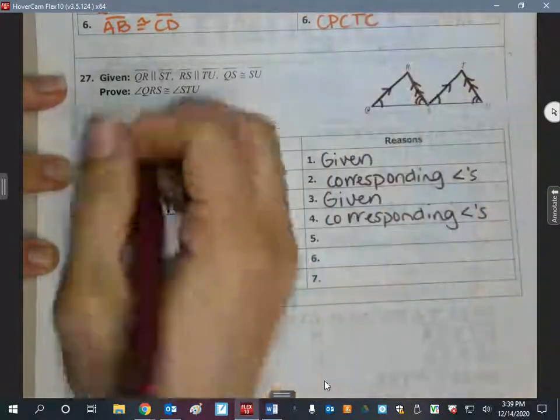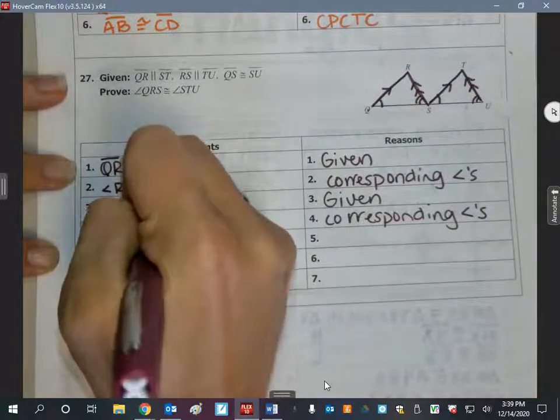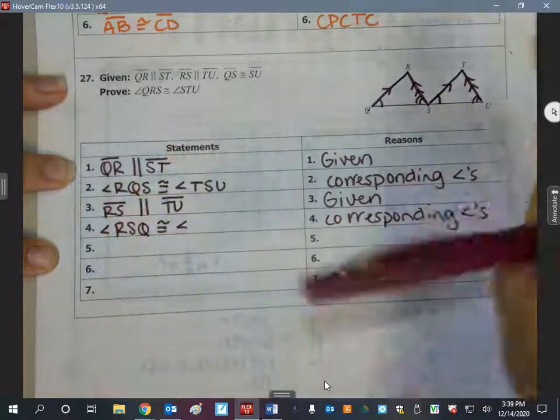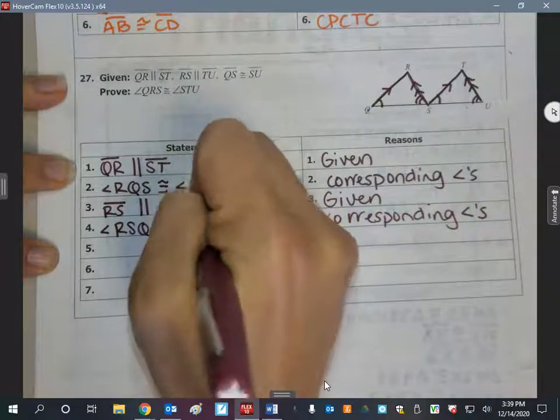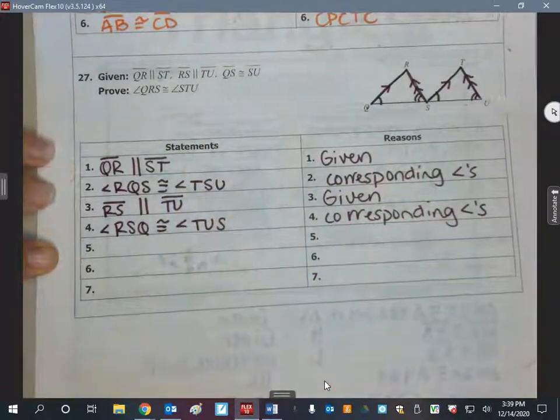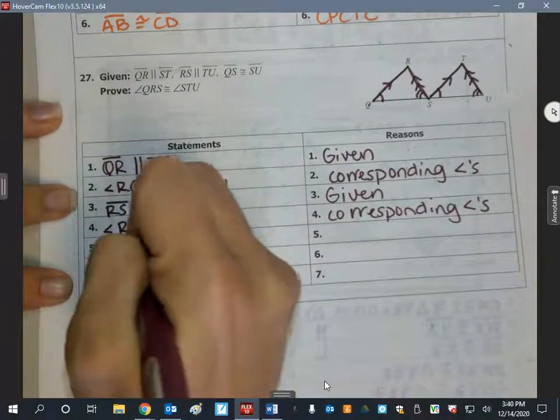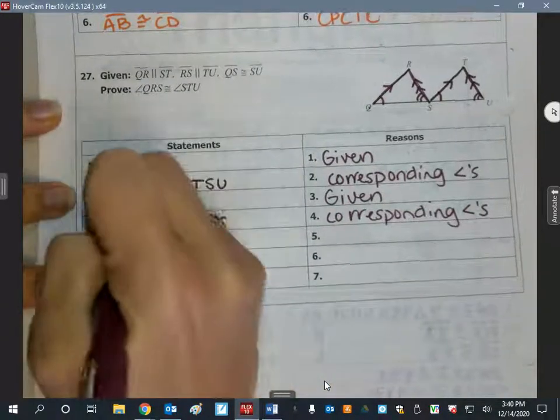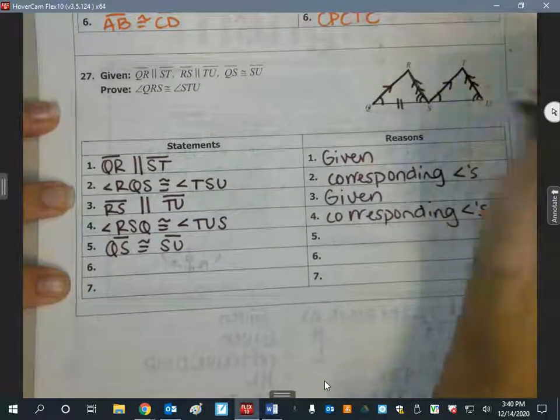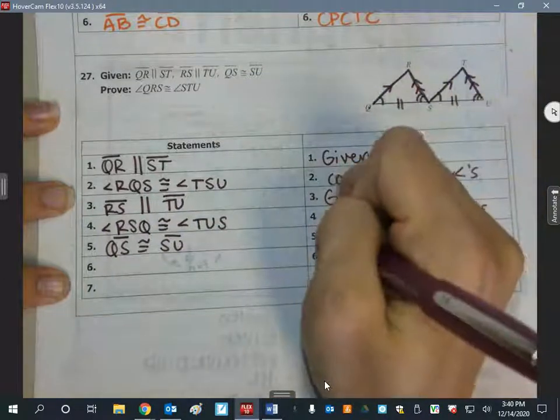Angle RSQ congruent to angle TUS by corresponding angles. And then our very last piece of given says that QS is congruent to SU. QS congruent to SU, and that's given.